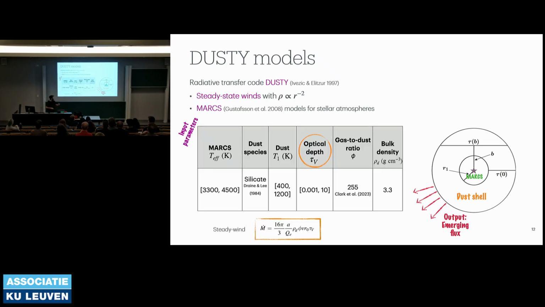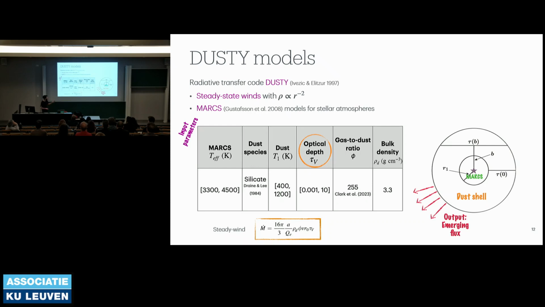And I'm not going into the details of all the parameters, but then fitting models, we can get the optical depth, which is the most significant. It shows, let's say, the thickness, how dense is the dust shell. And then using a relation, we can estimate the mass loss rate.